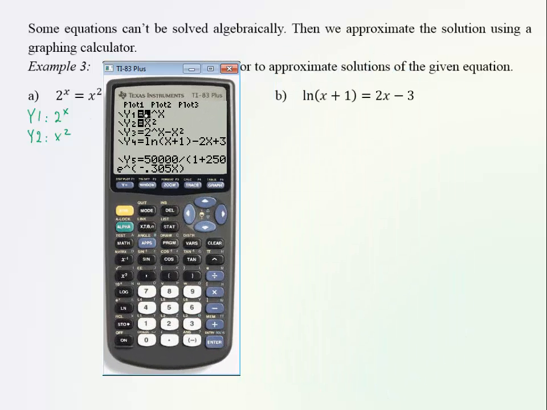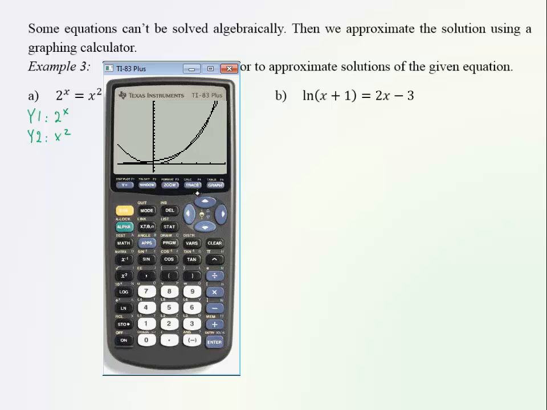I plugged in 2 to the x and x squared, and I'm going to use this window, -2.5 till 5 and -2.5 till 20, to see clearly our two curves. And as you may notice, here we have one intersect, second intersect, and third intersect.